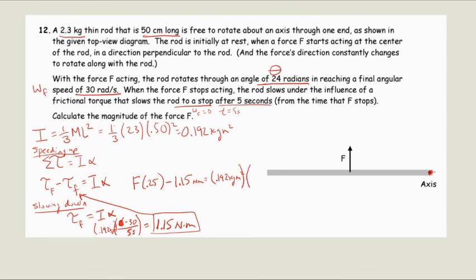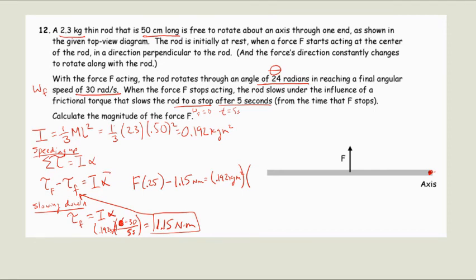Well, let's look at that. My final is going to end up being 30, and I don't know anything else other than my rotations. So I have 24 radians.